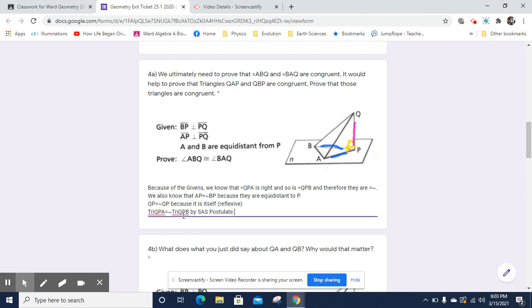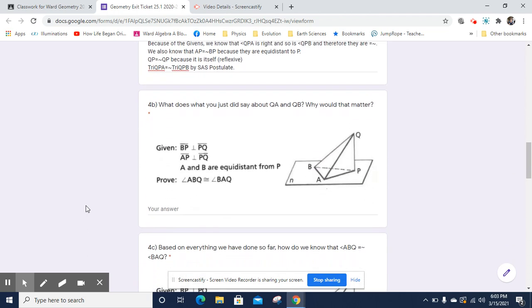Now, since we've proven these triangles are congruent, what does that say about QA and QB, and why would that matter? Well, what it says is that QA and QB are congruent because of corresponding parts of congruent triangles being congruent.